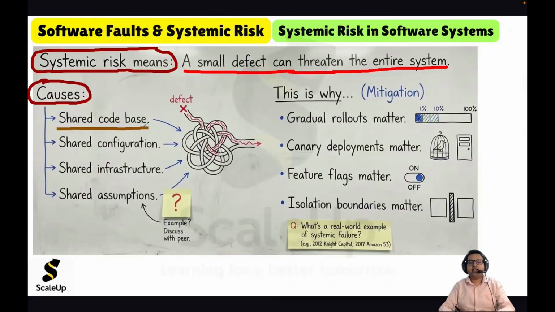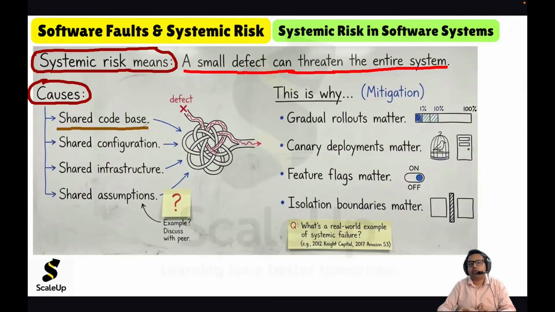See, the idea is that if a bug exists in a common library, then it is not just about one app that is vulnerable. Every service that imports that library will get affected. So a faulty code base which has a bug, if it is shared across multiple instances, can lead to systemic risk because it can lead to the collapse of the entire system.